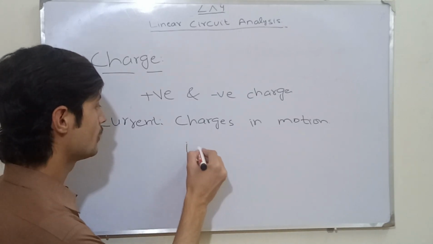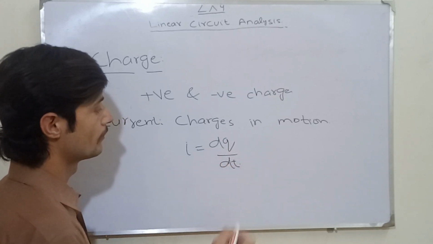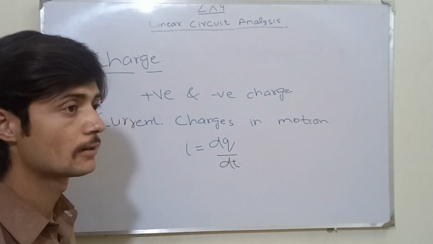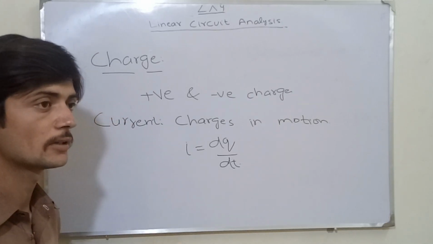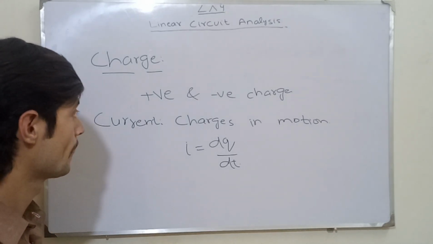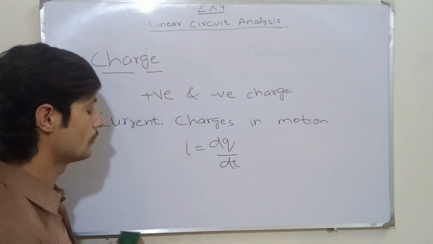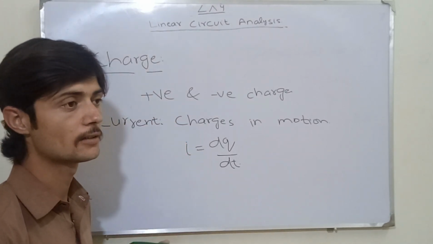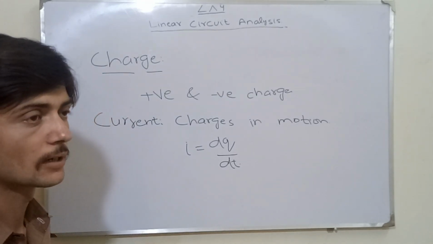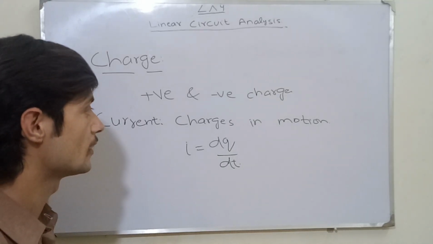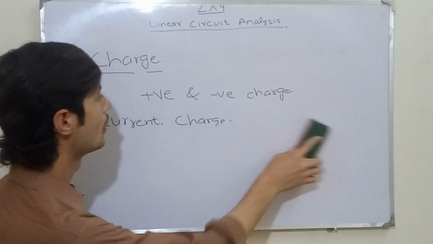We can write mathematically the current as dq by dt. There are two currents. The current due to positive charges is important only in transistors, etc. But the current with which we will deal in our circuit analysis will be electronic current, but the convention used for this current will be conventional.